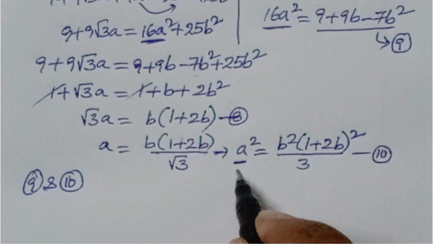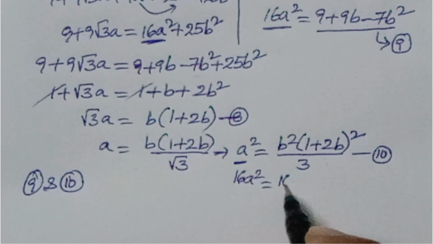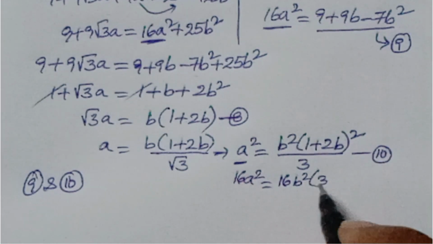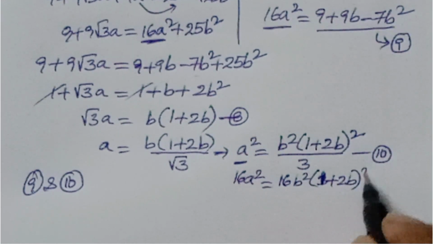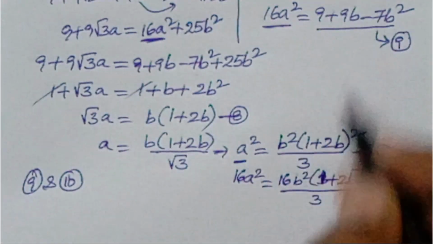10th one, if you multiply with 16, you'll get 16a square equal to 16b square into (1 plus 2b) whole square by 3. So these both are equal values.